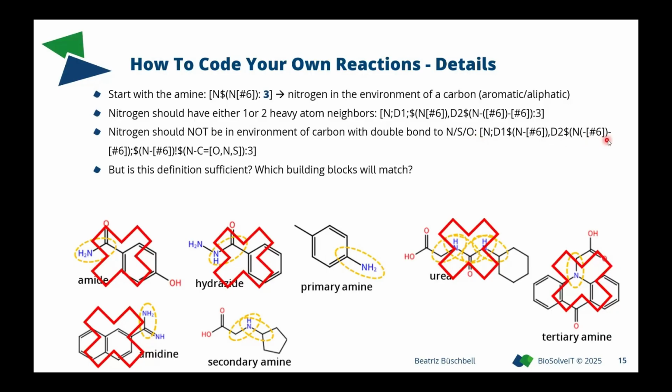So we further extend our code again, and you see that this term here was added, an exclamation mark that says, and not $ sign, which says the environment of that nitrogen bound to a carbon should not have this double bond either to an oxygen, nitrogen, or sulfur. So far, so good. We check again, is this reaction definition sufficient? And we see that we rule out all of these unwanted substructures and are just left with the primary or secondary amine. So far, so good. This is the reaction definition of one atom that is going to react in your coding.